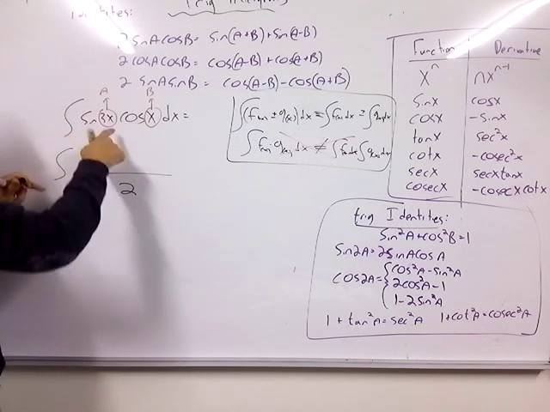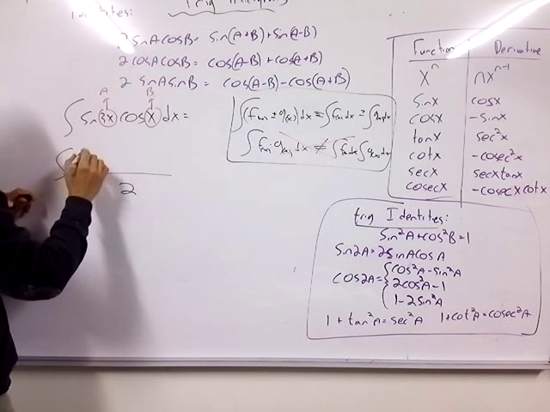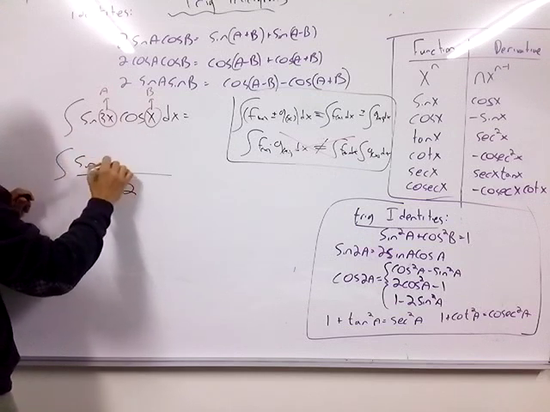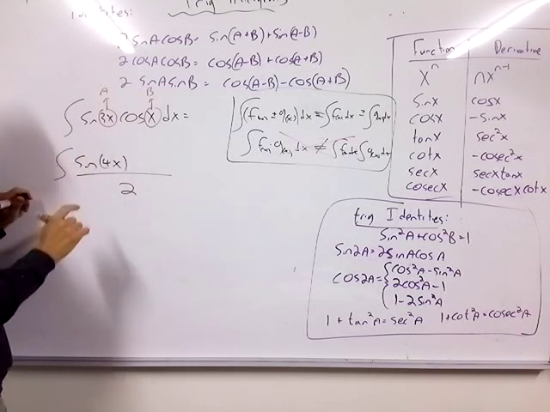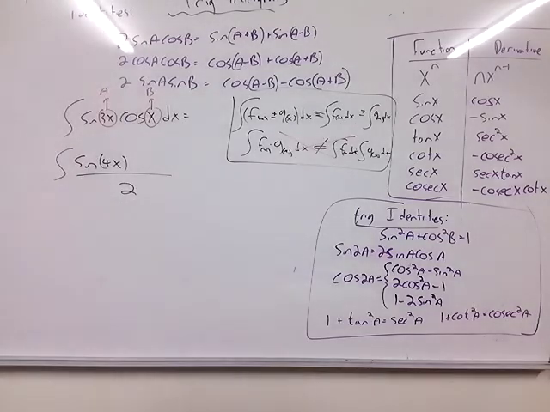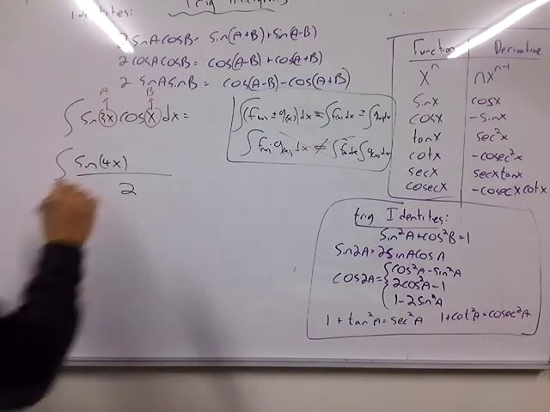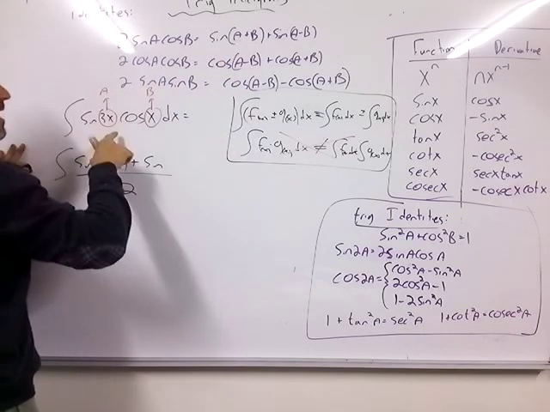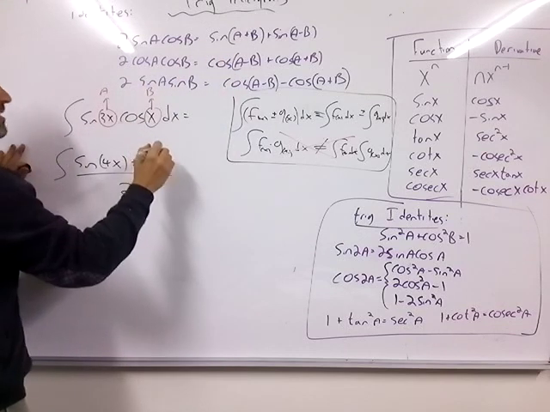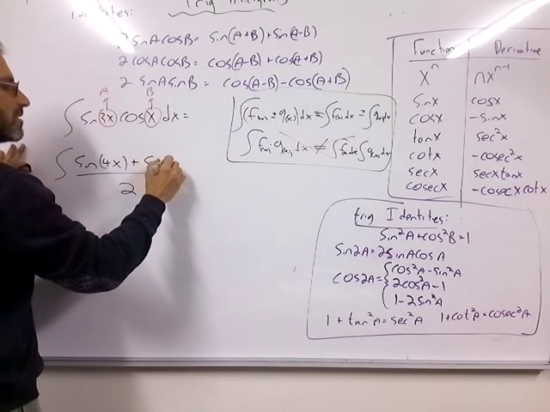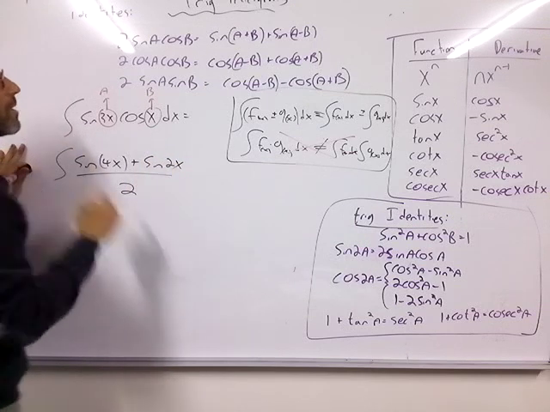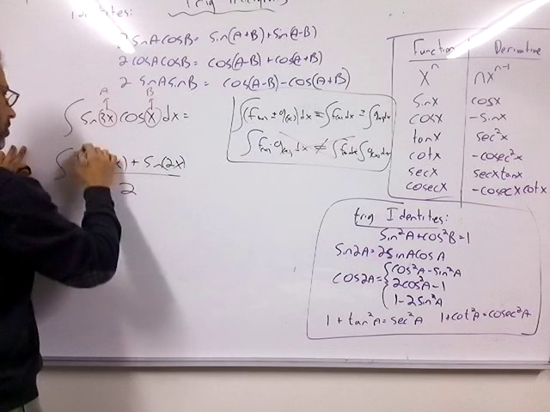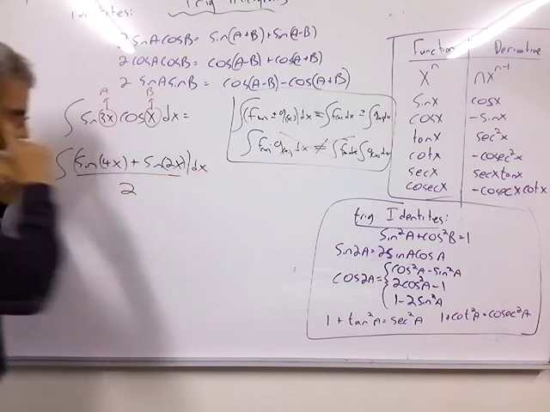Sine 3x times cosine x is sine of A plus B, which is 4x, 3x plus x is 4x, plus sine of A minus B, 3x minus x is 2x, and all of that dx.